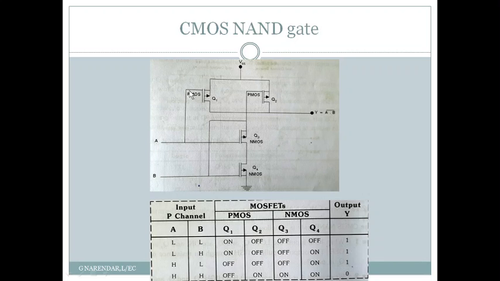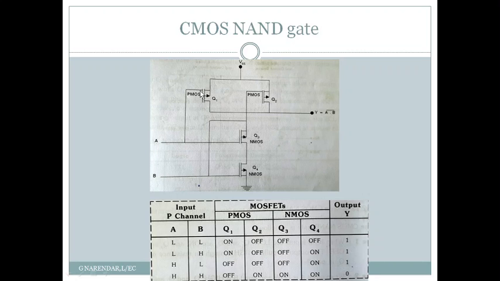And when we apply logic 1 on this gate, the P MOSFET is off. The P MOSFET is off when its gate is applied logic 1, or a high signal.